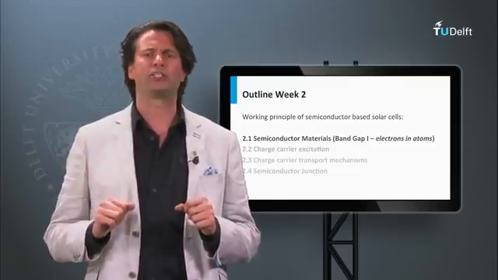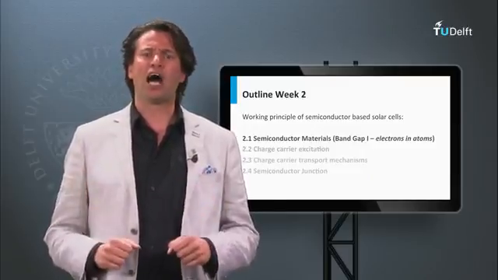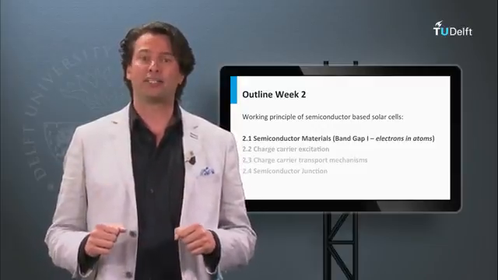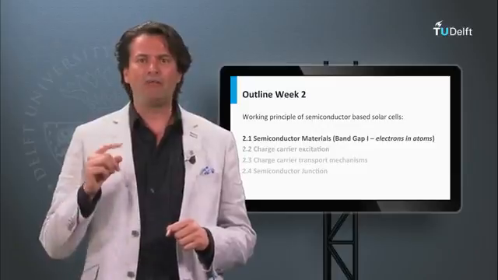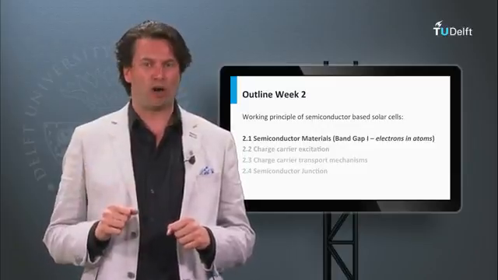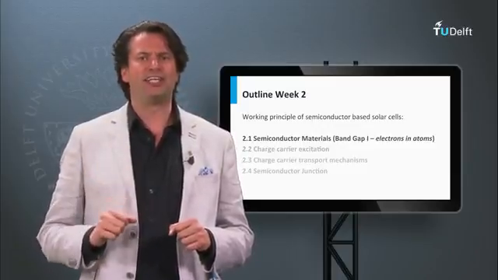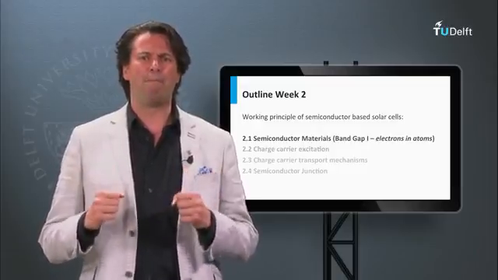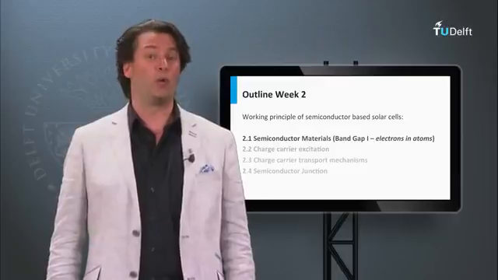Or, in other words, what determines how strongly the electrons are bound to the atoms in the lattice? I will discuss that in the next 2 blocks. First, in the next block, we will look at how electrons are bound to the nucleus within an atom.